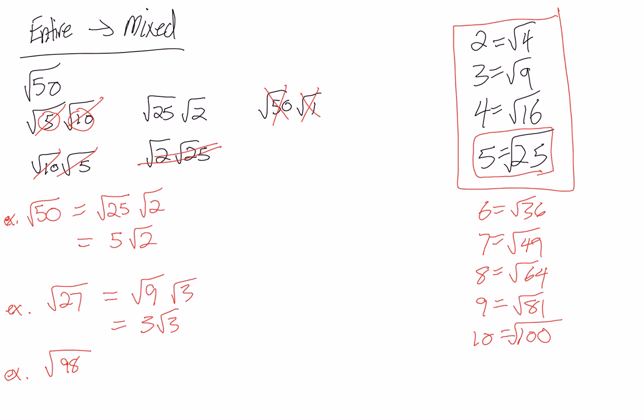The 98 can't be anything bigger than 100, so that's not going to work. 98 divided by 81, that's a decimal. 98 divided by 64 is a decimal. 98 divided by 49 will give us 2. So then we change it to 49 times 2, and we'd have the square root of 49 as a regular 7. So our final answer should be 7 root 2.